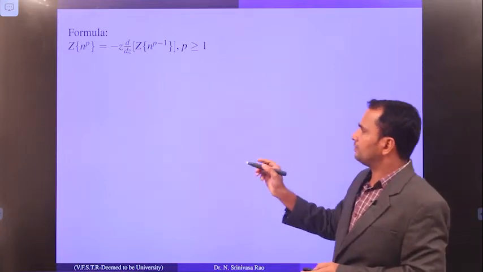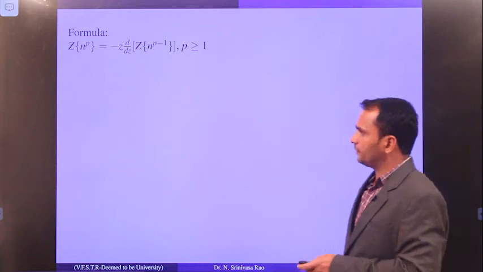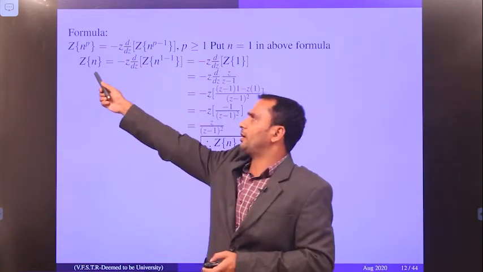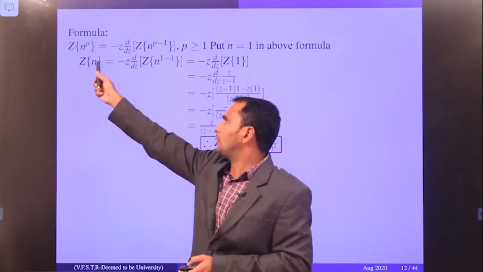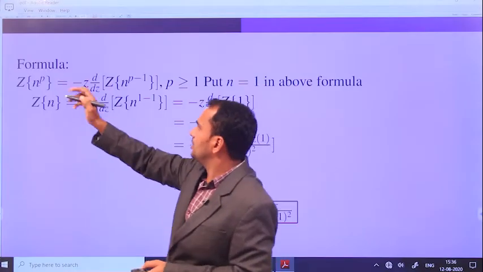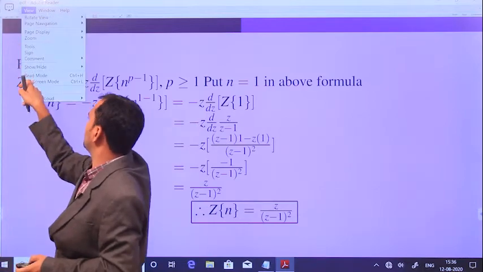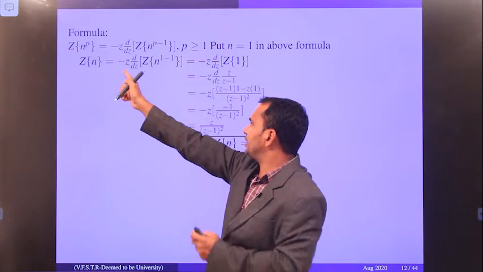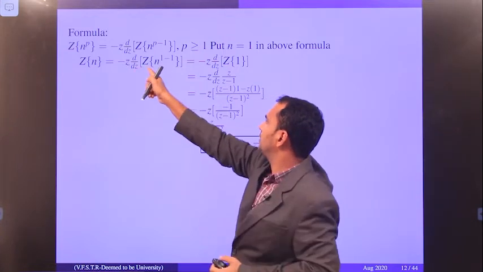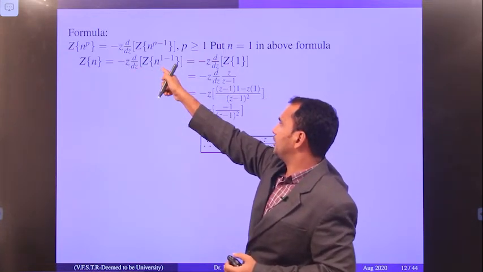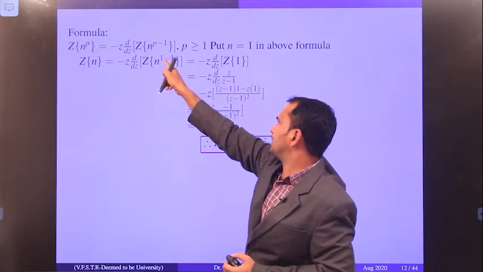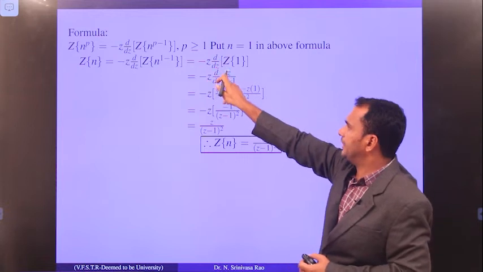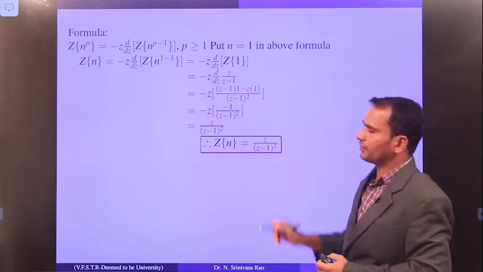So now from this, if you substitute p equals to 1, what you will get? Look at Z transform of n, how to find. You substitute p equals to 1, you will get minus z into d by dz of Z transform of n to the power p minus 1, so 1 minus 1, therefore minus z into d by dz of Z transform of 1.